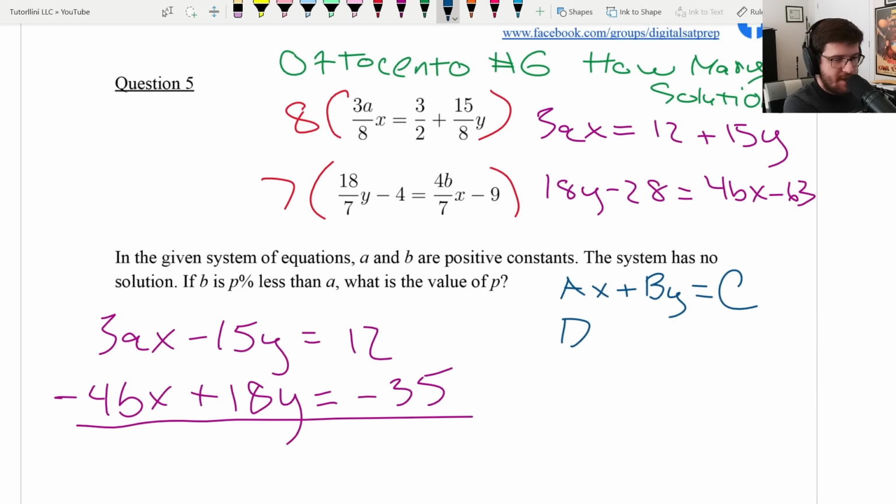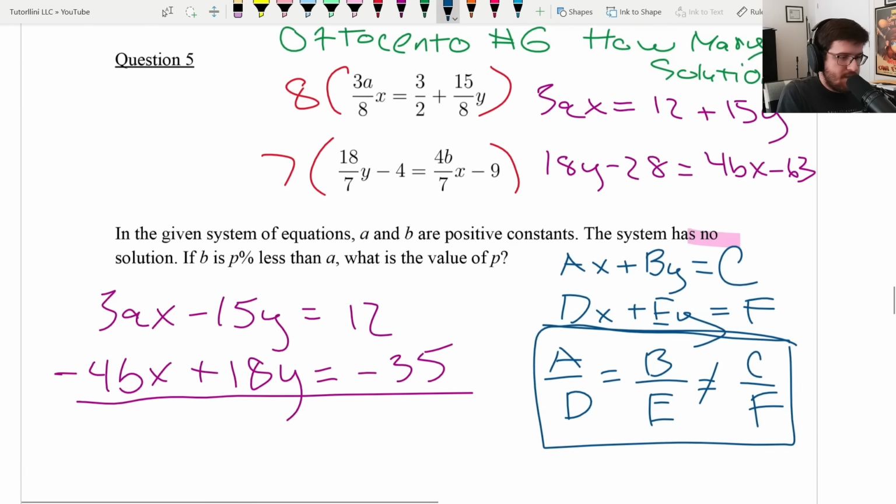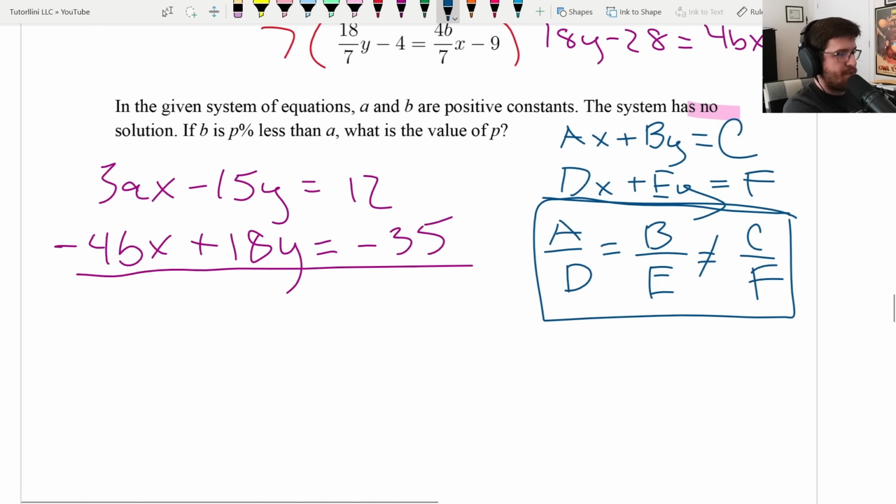And remember, guys, from the Ottocento video and from my shorts, that if we see a system with no solution, that means that A over D equals B over E, which is not equal to C over F. So let me highlight these constants to make it easier for you guys to see.